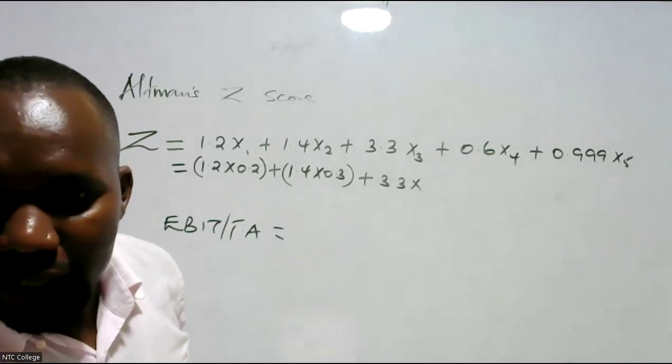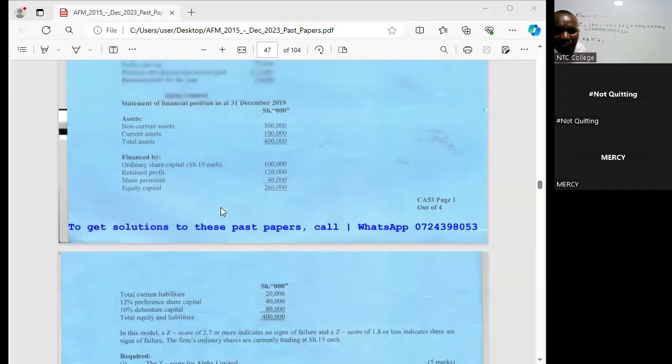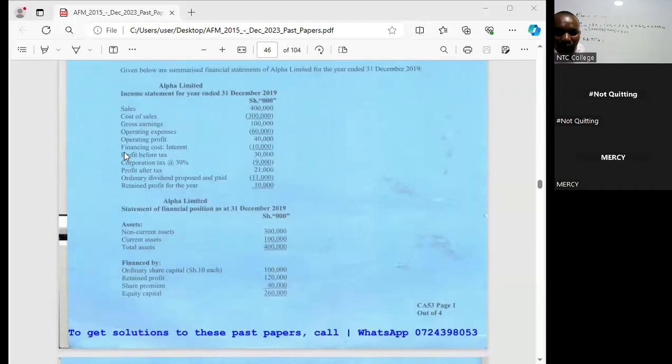EBIT is basically operating profit, that is, profit before tax. Did they mention operating profit somewhere? Operating profit here. That is earnings before interest and tax, so we need to remove the interest and the tax. But we are saying that earnings before interest and tax, which is 40. EBIT is called operating profit.